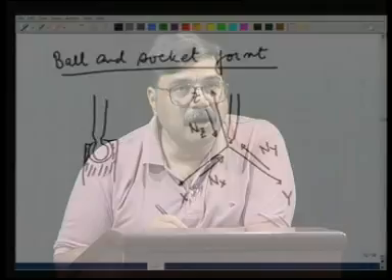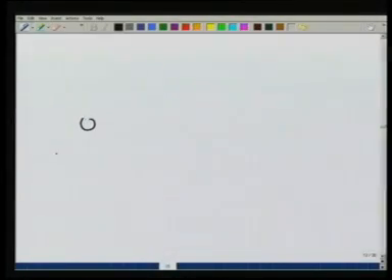Let us solve a problem using this concept. Suppose a person wants to lift a very heavy load, and what he does is dig a hole in the ground and put a pole in it, a long pole.